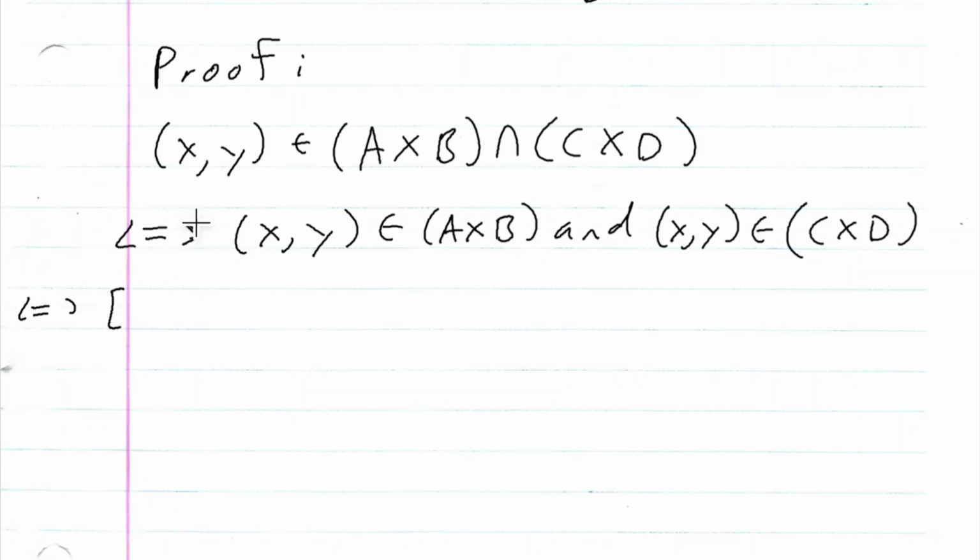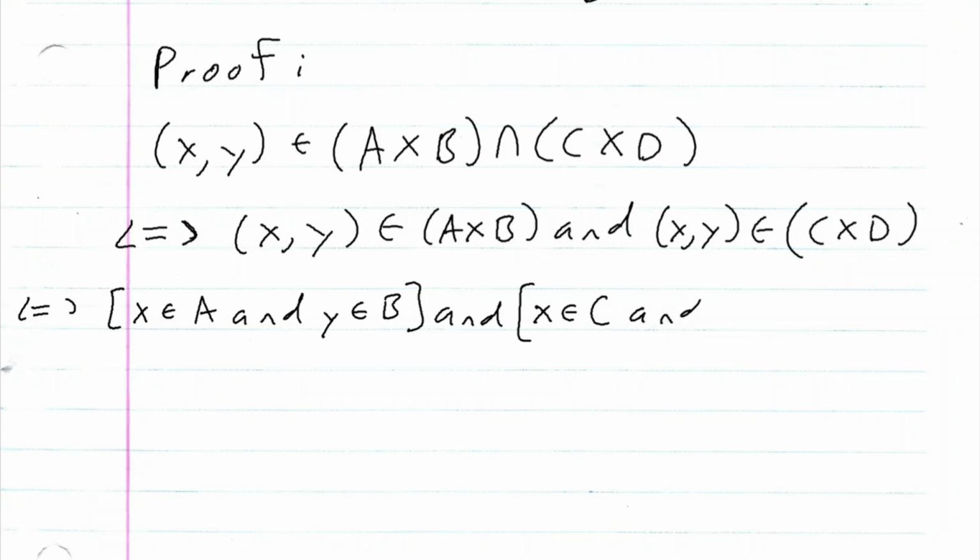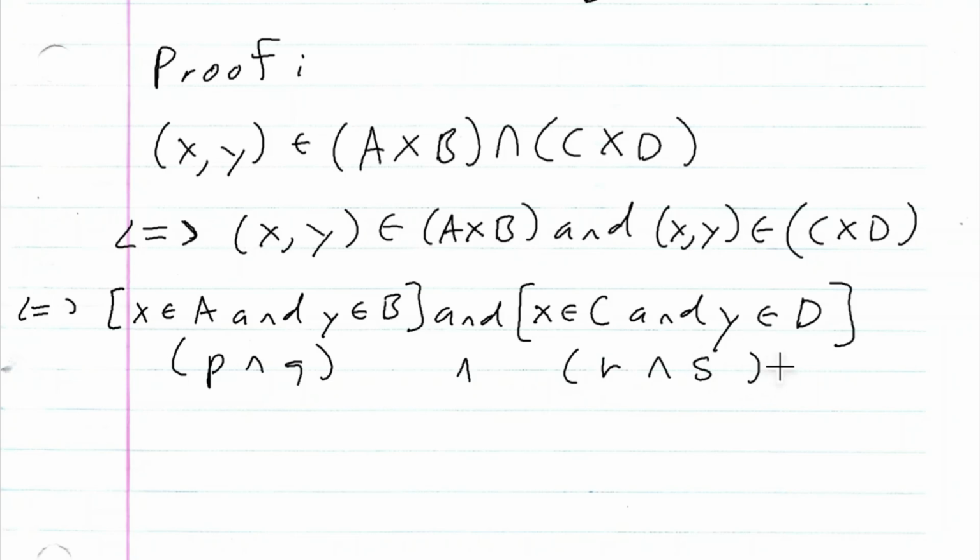So this tells me that x is an element of A, and y is an element of B. And x is an element of C, and y is an element of D. So we basically have the form P and Q and R and S, let's say.